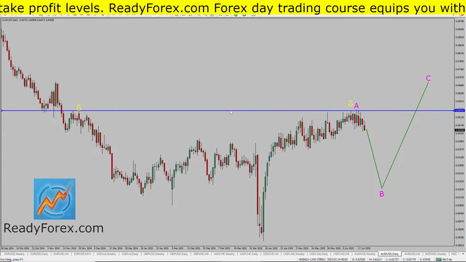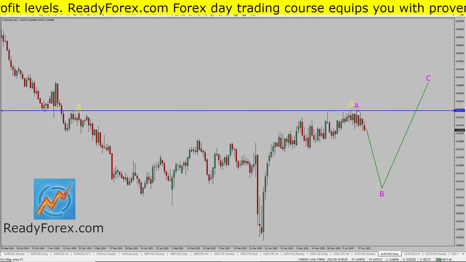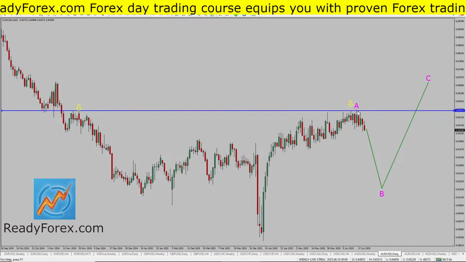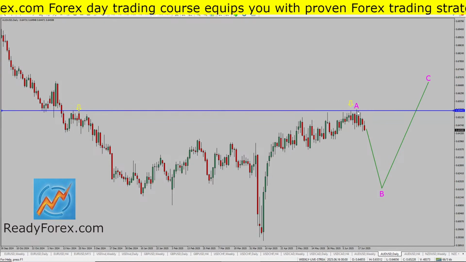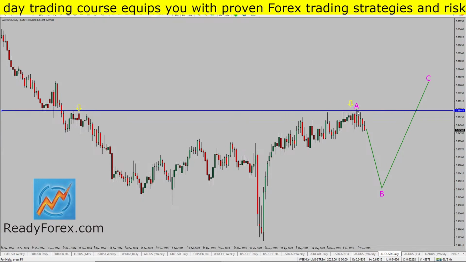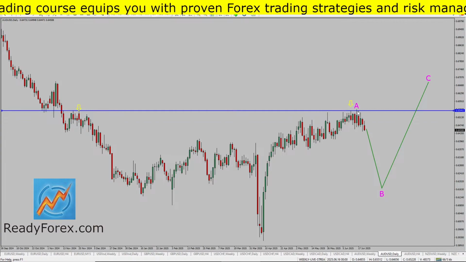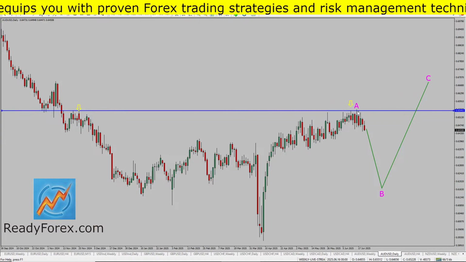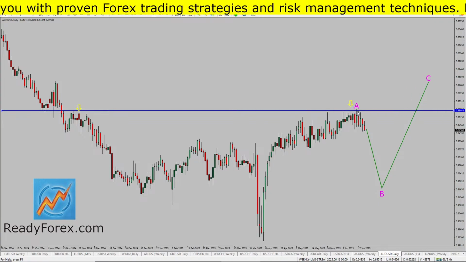That's a good level, and it is telling me that in the next coming trading days, the pair is most likely going to drop. So it's a good idea to look for bearish wave trade setups instead of looking for buy trades. Not a good idea to look for buy trades.